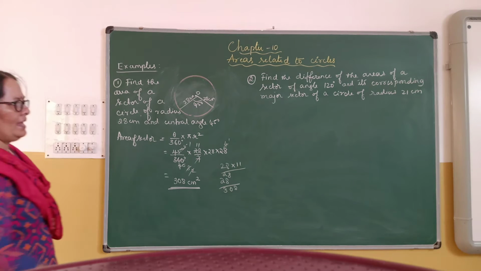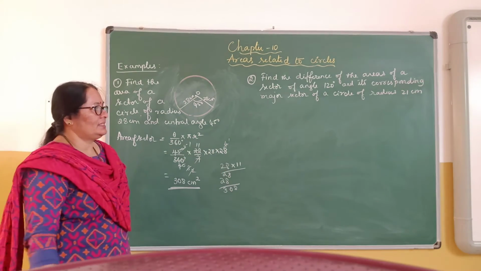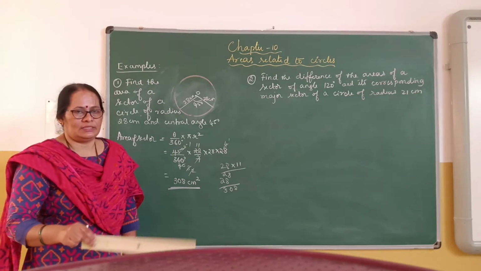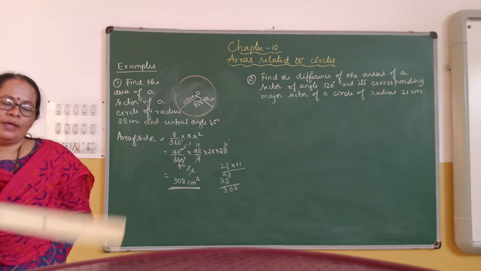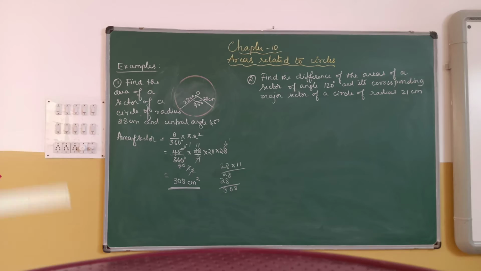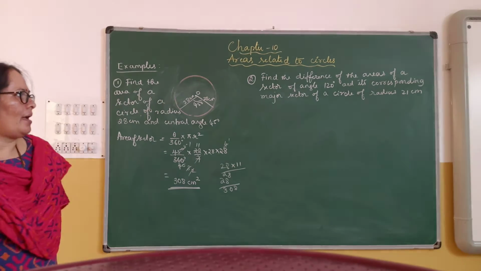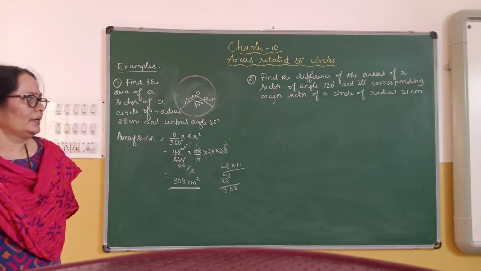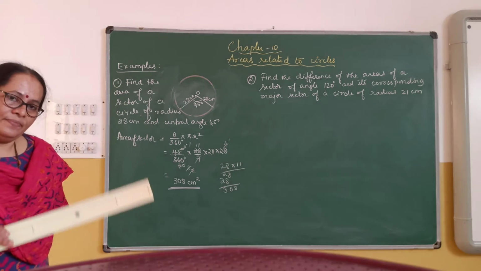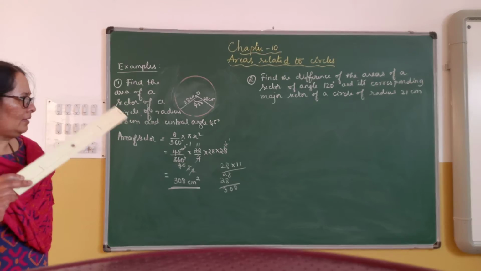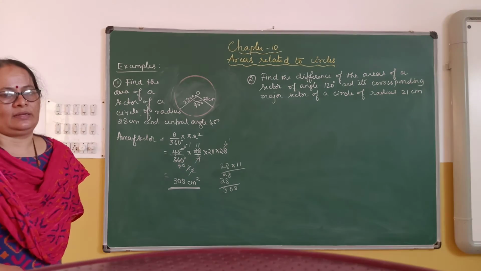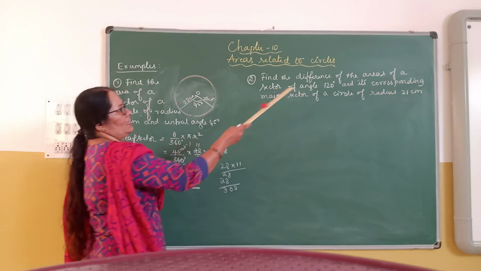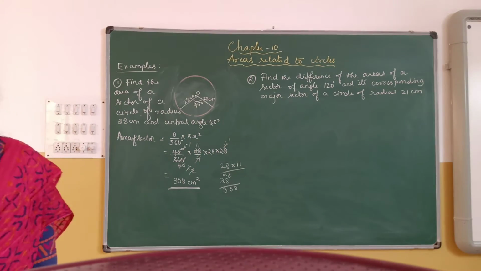You need to find the difference of the areas of the sector and the corresponding major sector. It means you need to find the areas of the minor sector as well as the major sector and find the difference of their areas. First, find the area of the minor sector, then the area of the major sector, and lastly, the difference of the areas.